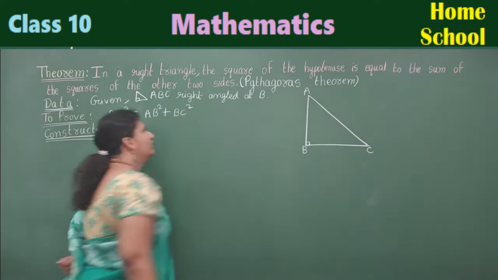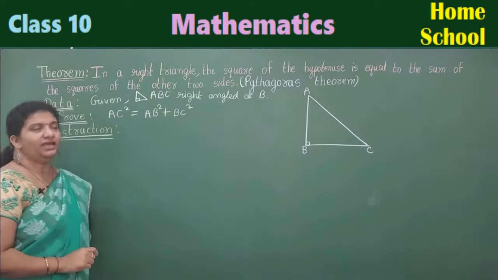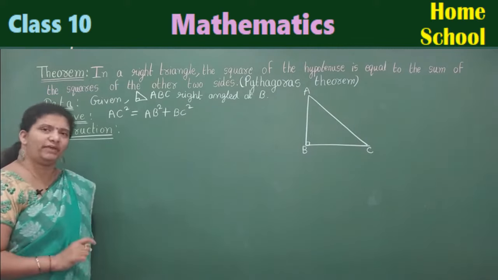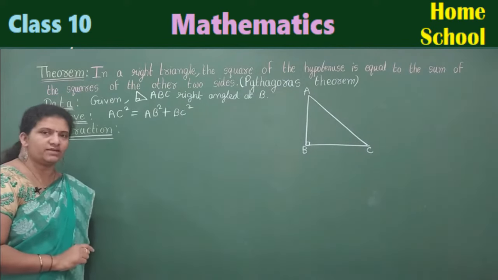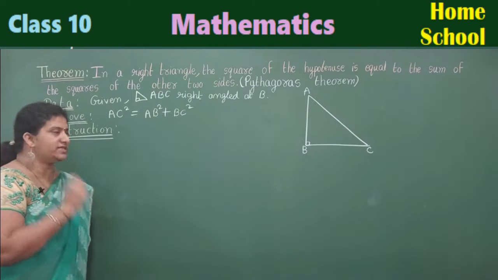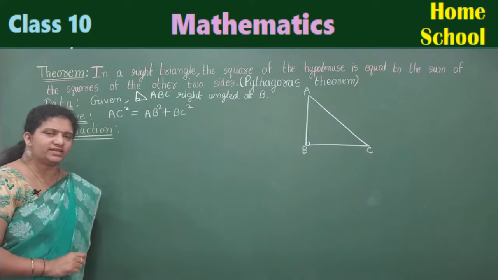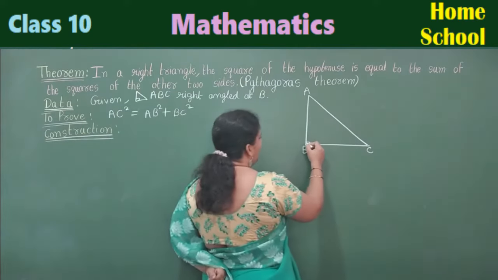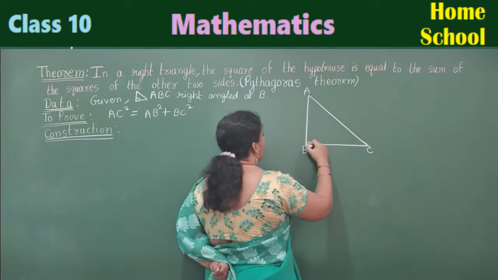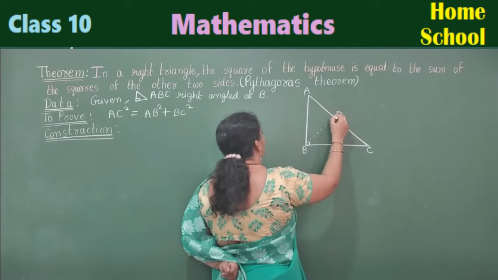At B. In right angle triangle ABC, it is right angled at B. Now, what to prove? Hypotenuse square is equal to sum of the squares of other two sides. Construction. Do we need any construction? Yes, we need construction. From right angle, draw a perpendicular. Let's mark D.